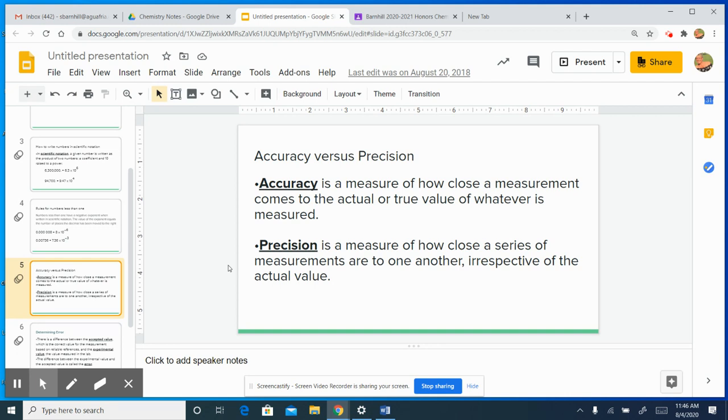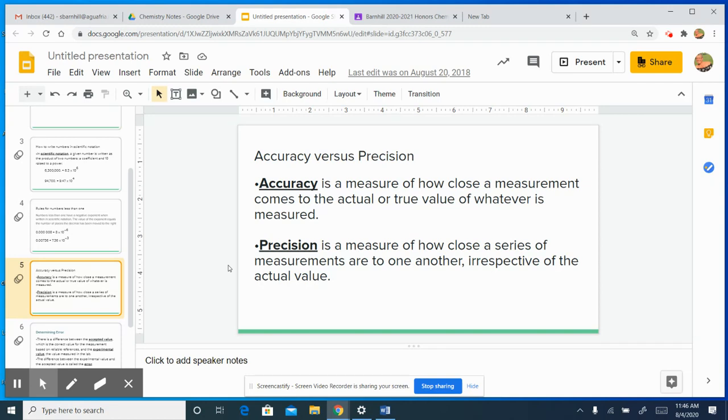The precision, however, is a measure of how close a series of measurements are to one another, whether or not they're accurate, whether or not they're very close to the actual value.